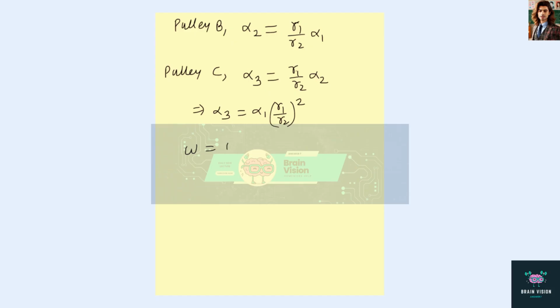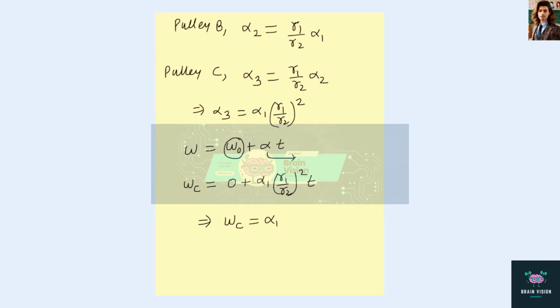whole square. Okay, so from the definition of angular velocity, we know that omega equals omega naught plus alpha multiplied by t, where alpha is angular acceleration and omega naught is initial speed. Okay, as initial speed is 0, so from here angular speed omega C for the pulley C is equal to 0 plus alpha 1 multiplied by R1 by R2 whole square multiplied by t.